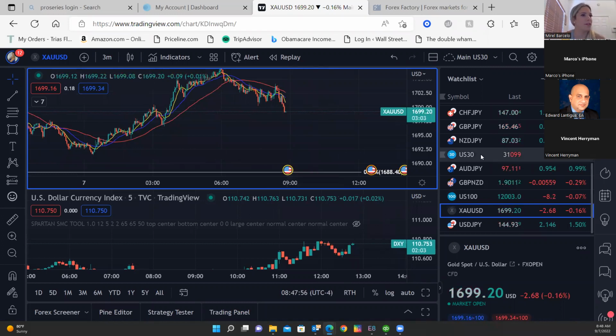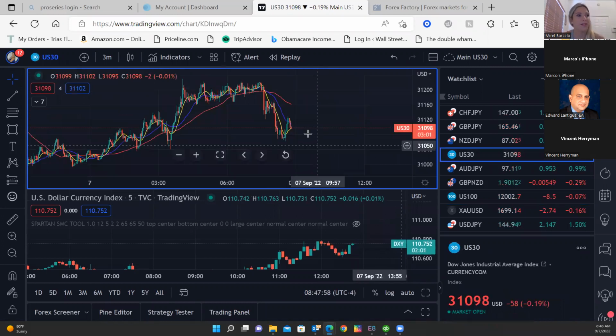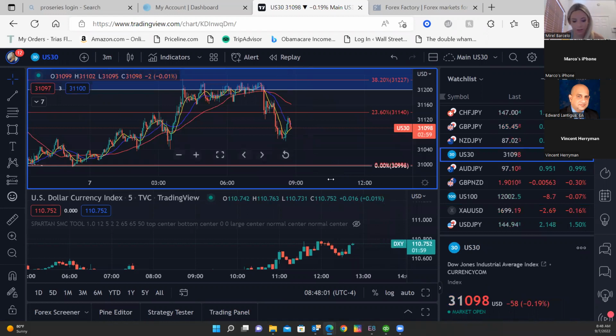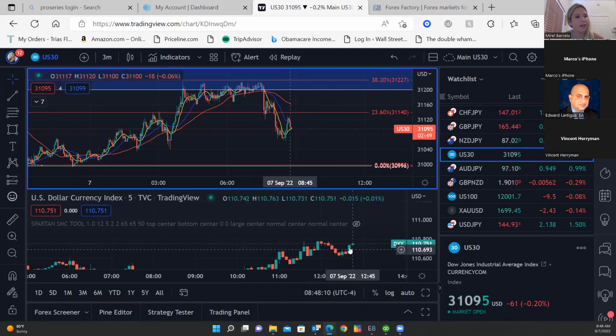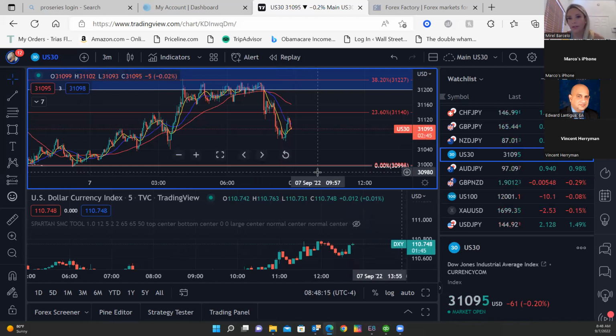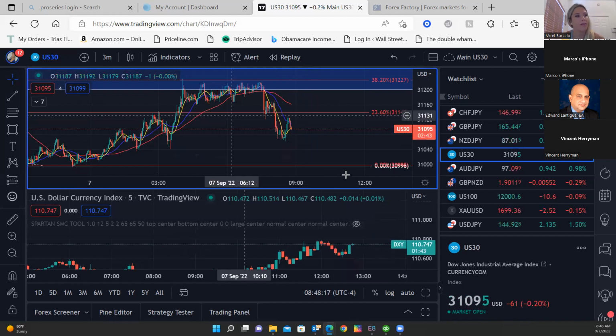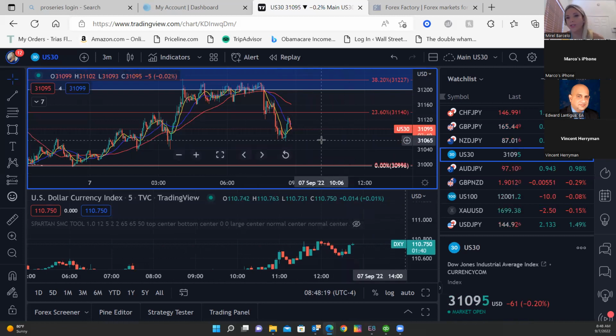And probably so is US30. They don't correlate. So don't think that just because gold is going down, US30 has to go down. But because the dollar is so bullish right now, this is the dollar, it's going to make the markets go down. Remember, even though this is an index, you're still trading against the dollar, so you can have the pair mentality.